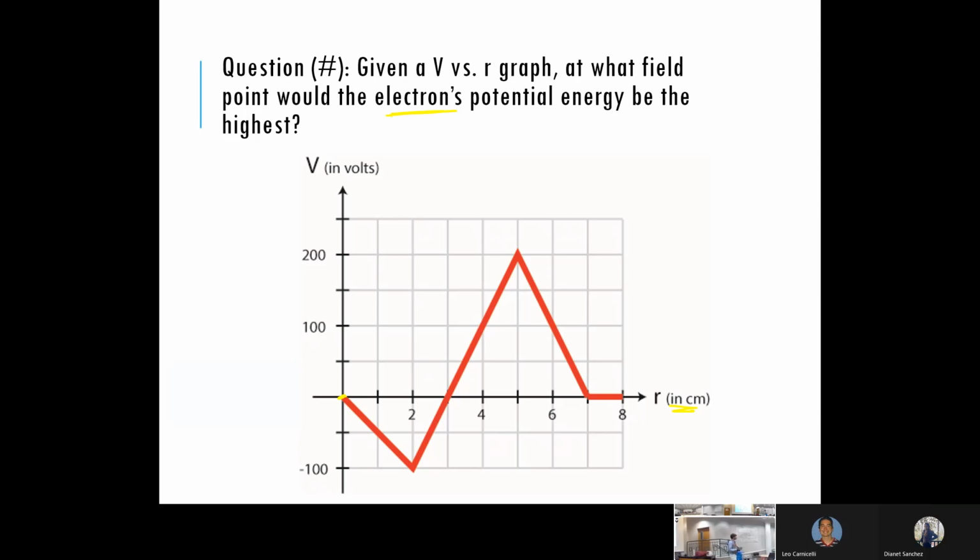What would your answer be for a proton? Just like this, I highlighted that's an electron. What would your answer be for a proton? Maybe I should say, what should the graph look like if it were a proton? If I wanted to plot the potential energy versus position and it were a proton, what would it look like?